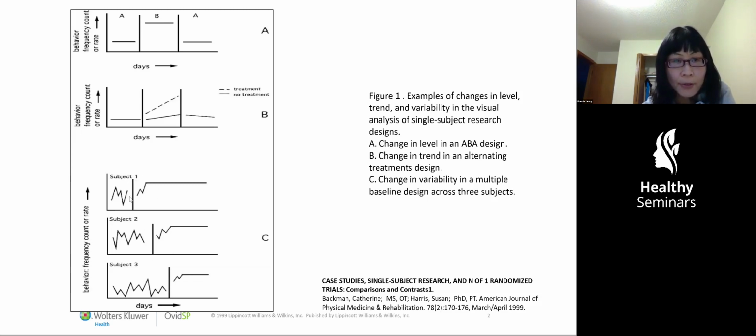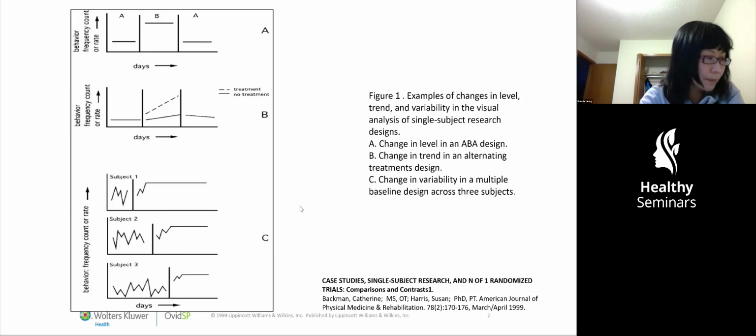Here you are observing 3 different individuals and their measures. So at baseline, for these 3 different individuals, they're measured for different length of time. And then during the intervention phase, you can see how the behavior or the outcome measure changes in response to the treatment.